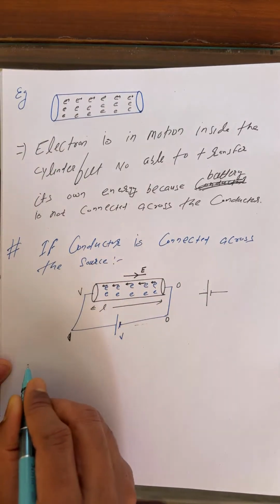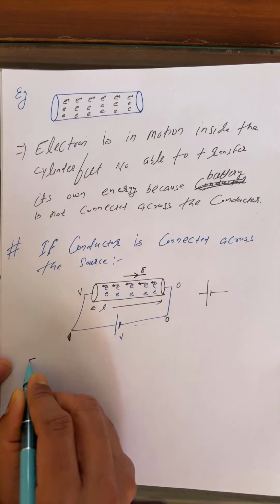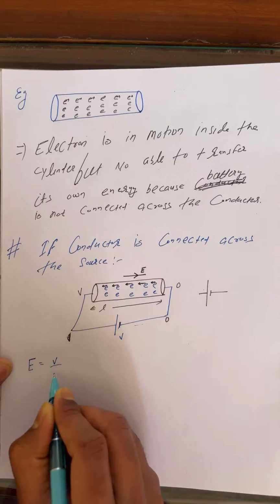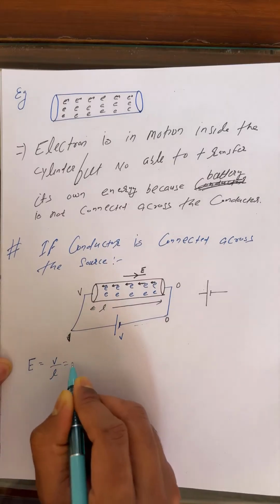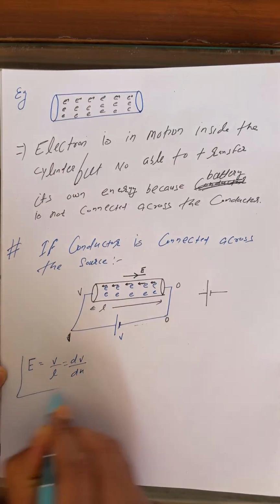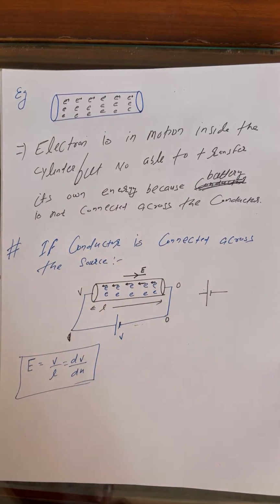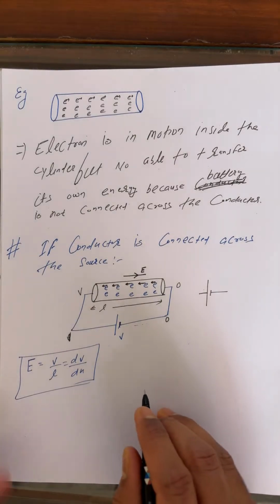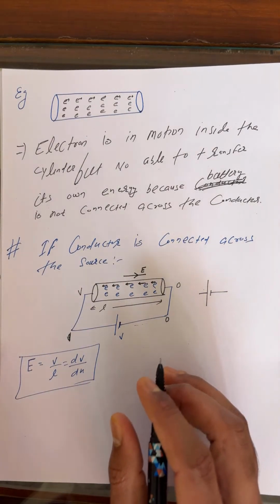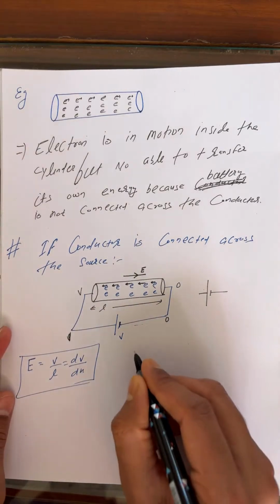Here I'm going to use this result. I hope all of you remember that the electric field equals V upon L, or in differential form, dV upon dx. So electric field and current are both opposite to the direction of motion of the electron.